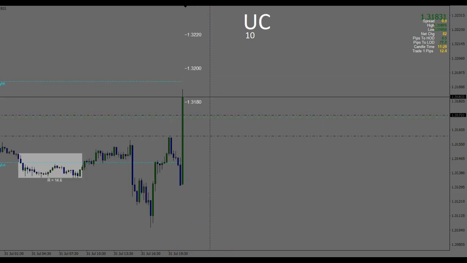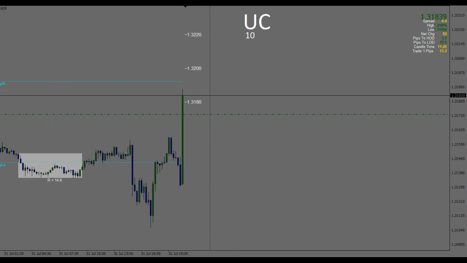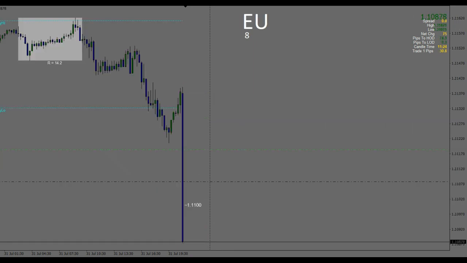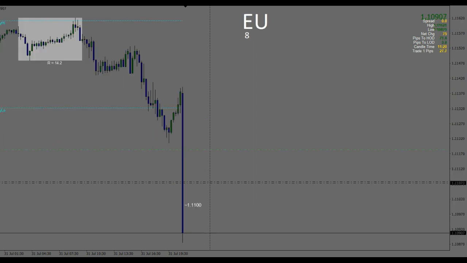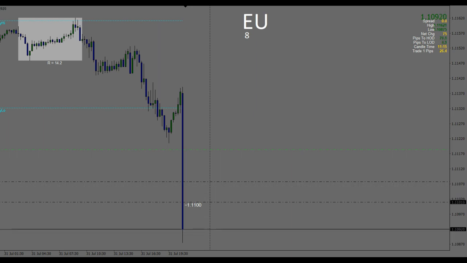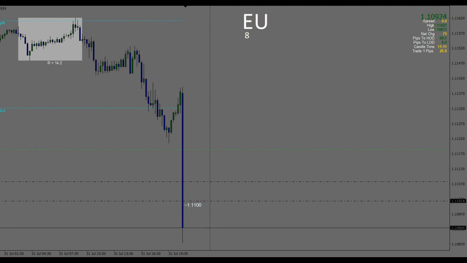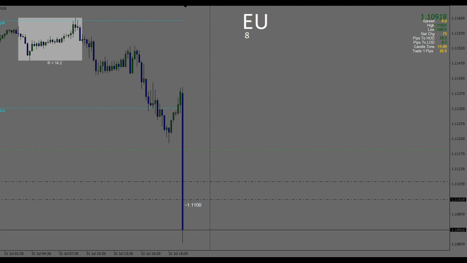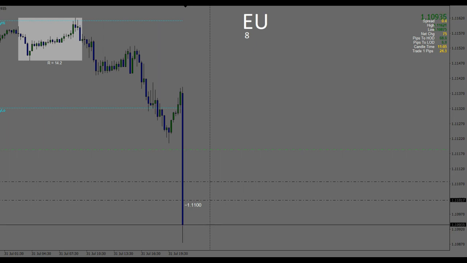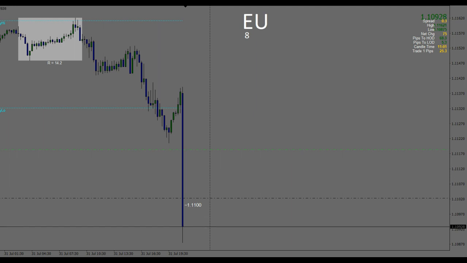And I'm going to lock in break even on the US dollar Canadian dollar. Seeing the euro drop massively as well. I'm going to follow this down a little bit. I'm going to lock in just above that 0.0. So I'm going to lock in 16 pips, giving me a 2-to-1 risk to reward immediately.